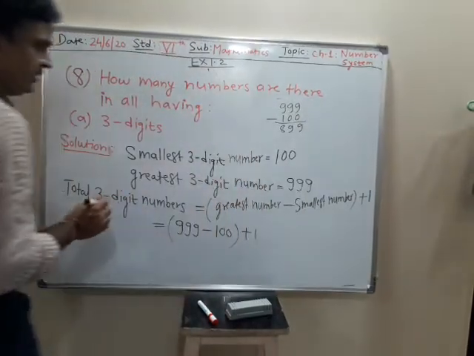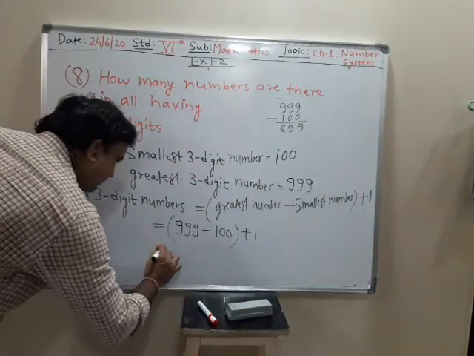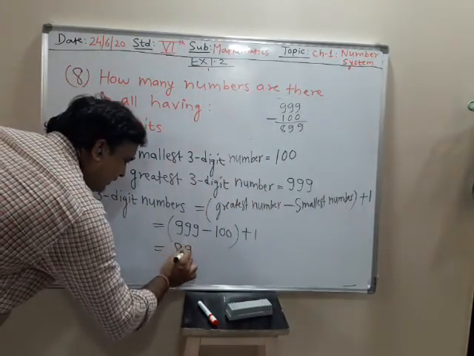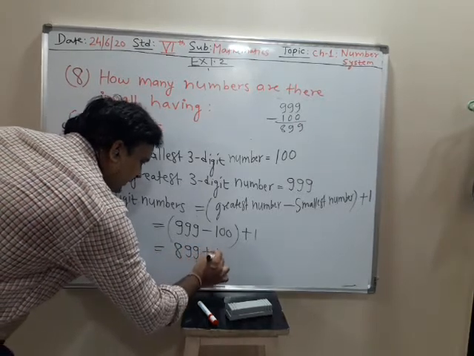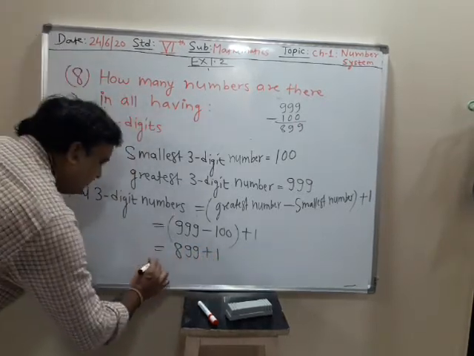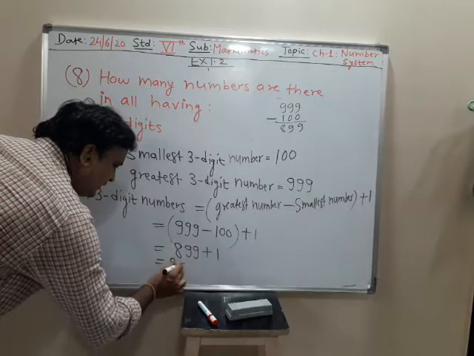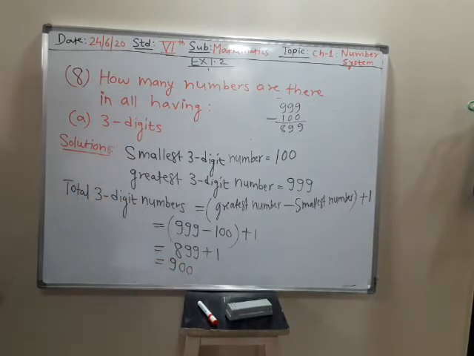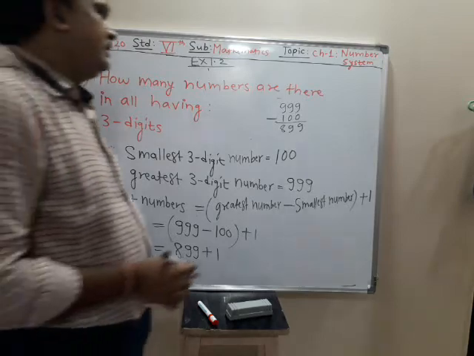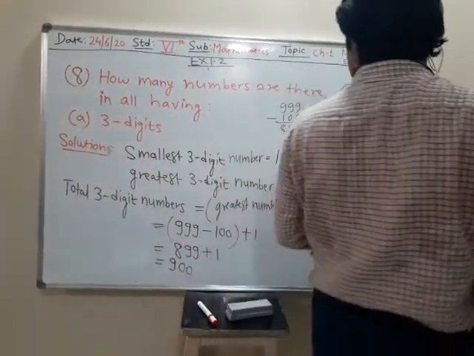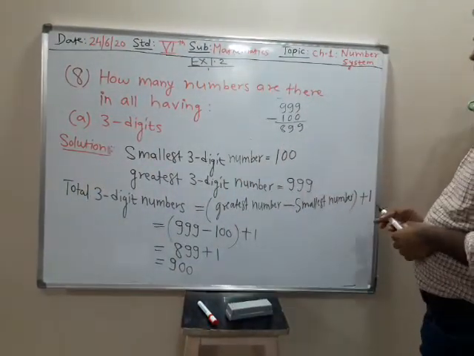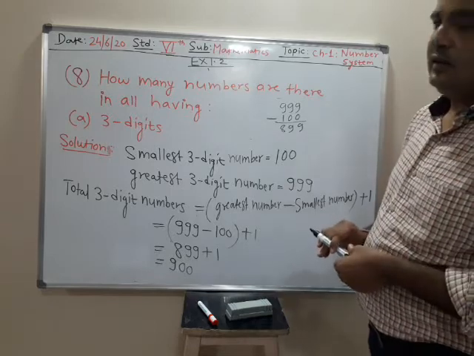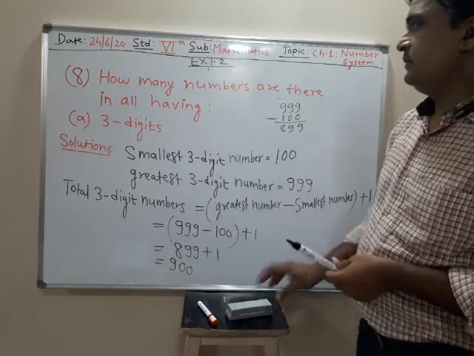So 899 plus 1 is 900. So 900 such numbers are there. Total 3-digit numbers are 900.